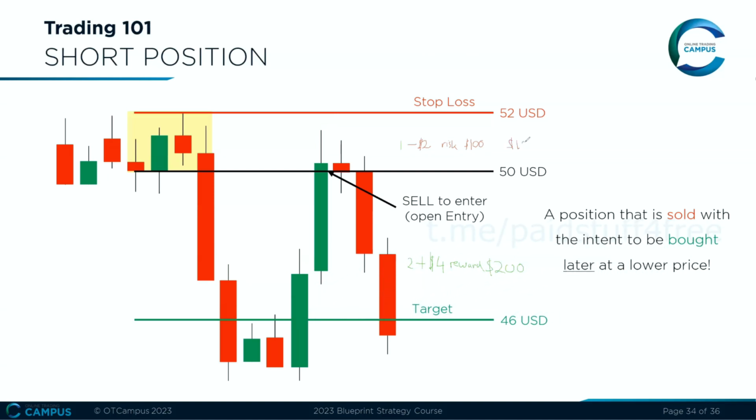You could risk $1,000. And here you would make $2,000 if you risk $1,000. So shorting is a position that is sold with the intent to be bought later at a lower price. And our entries will be above current price.